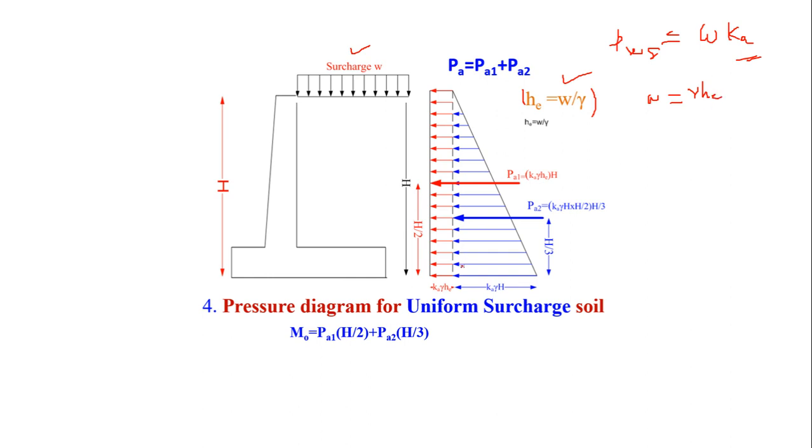So gamma into He into K is nothing but surcharge into K. Directly we get the magnitude of pressure, which is uniform.